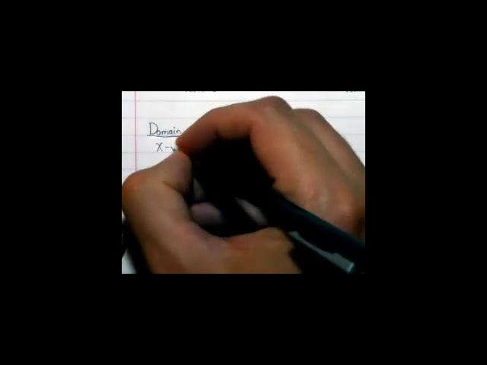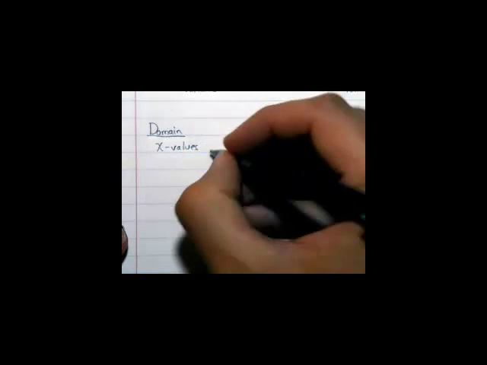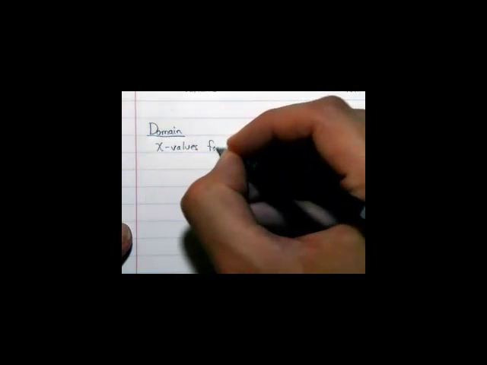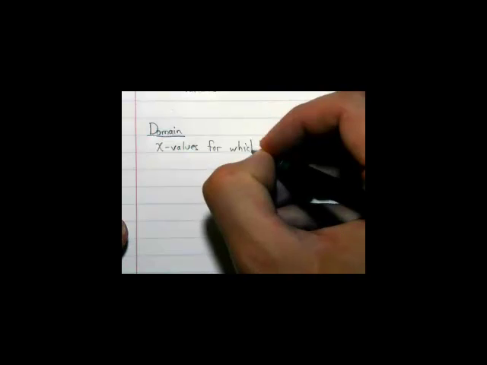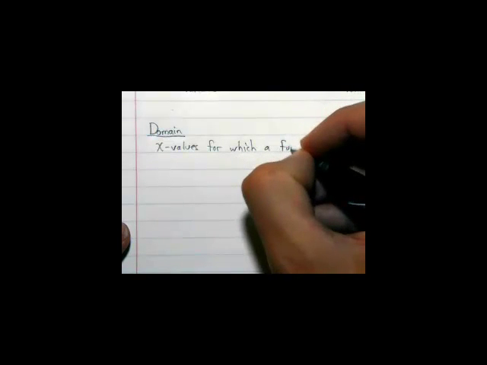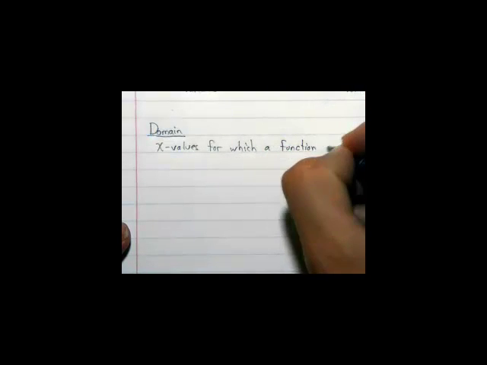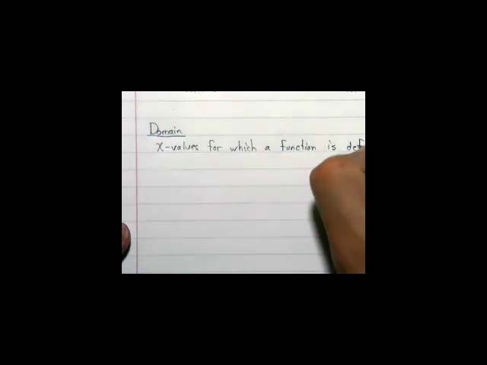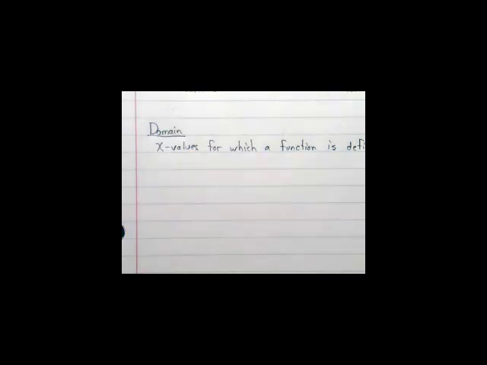I think you guys both had it kind of together there. So they're the x values for which a function is defined. Or the way we kind of described it in pre-calc was, they're the x values that work, that you can plug in.